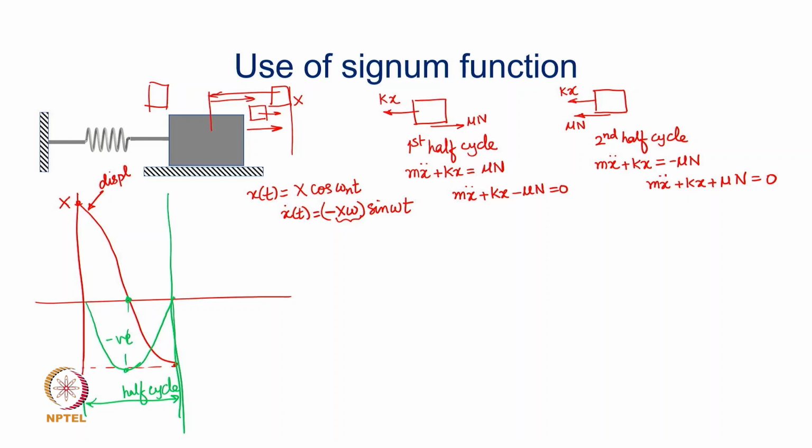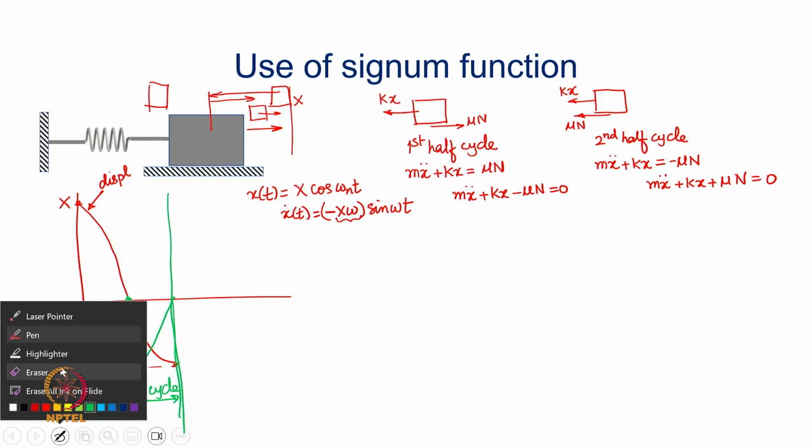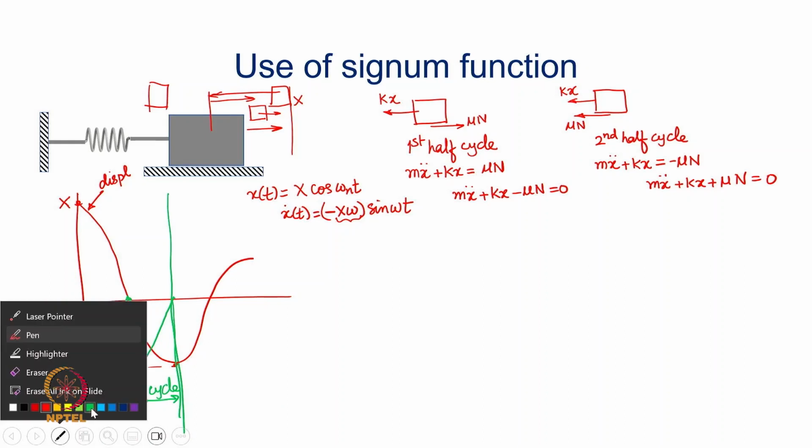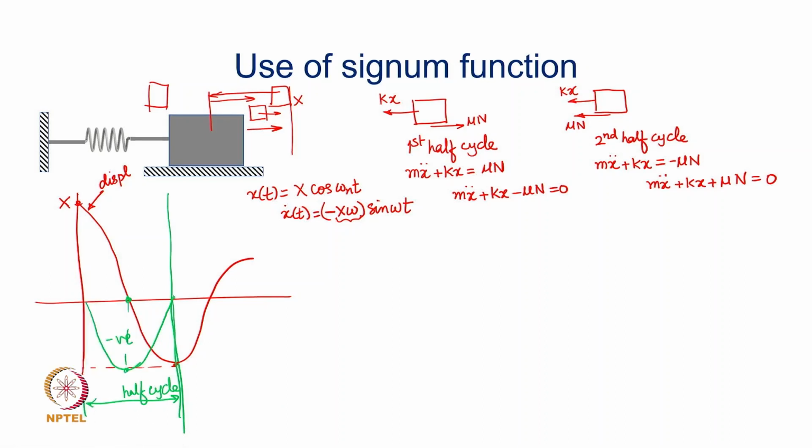And obviously, as the motion continues in the second half cycle, as we have seen, the velocity is going to be positive in the second half cycle. So this is going to be positive for the second half of the travel.